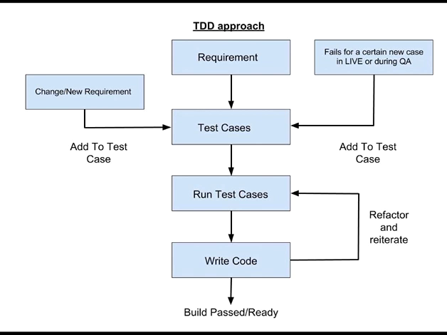After the test cases pass, you go on to refactor it. You just wrote the code in a raw format and it may be big. Once the test cases pass, you refactor and test the cases again. So if anything fails, you know which case failed.